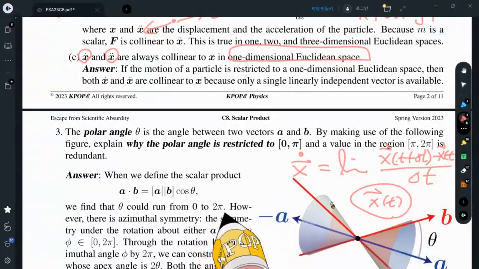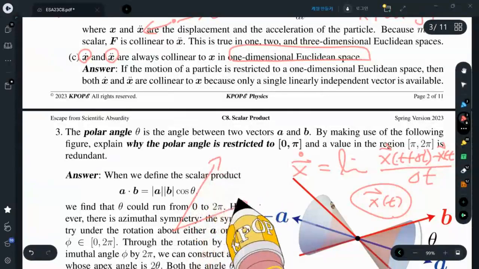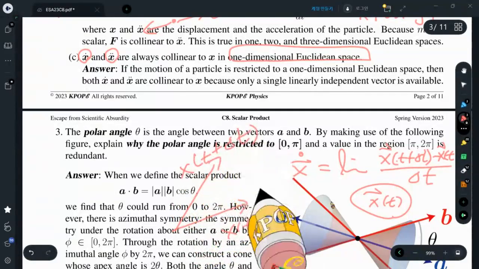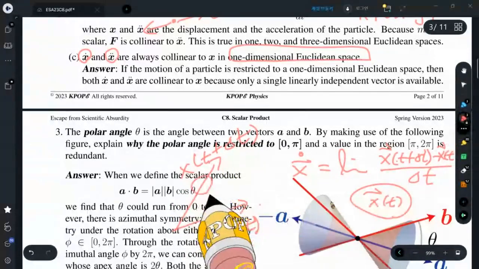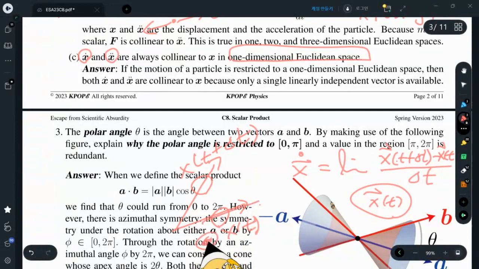However, in 2 dimensions, for example, this position, x at time t and x at t plus delta t. So these 2 vectors are linearly independent because I cannot multiply any number.